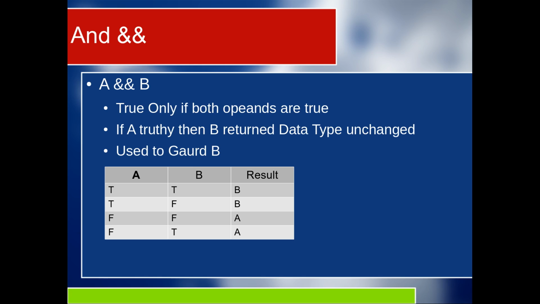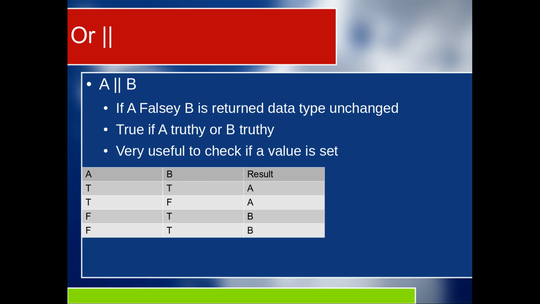So where there's an AND, there must be an OR. The OR is sort of the opposite. If A is falsy, then B will be returned. Remember that this makes sense because it's looking for whether A is truthy or B is truthy. If A is truthy, we don't need to evaluate any further.